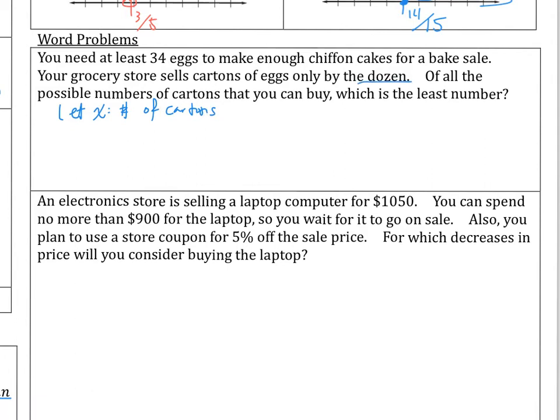There are 12 eggs in a dozen, so I can set up an inequality as 12x greater than or equal, because it says at least here, 34. And after we solve the inequality by dividing by 12 on both sides, we get x greater than or equal to 2 and 5/6.